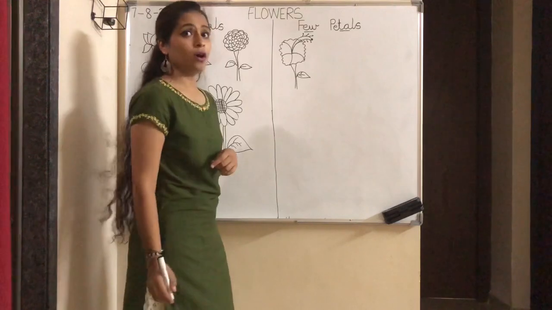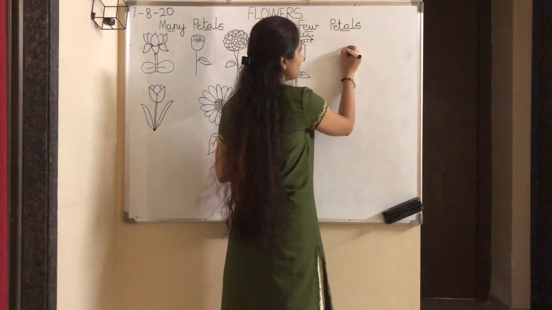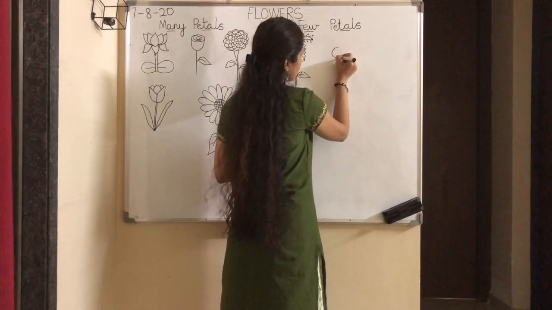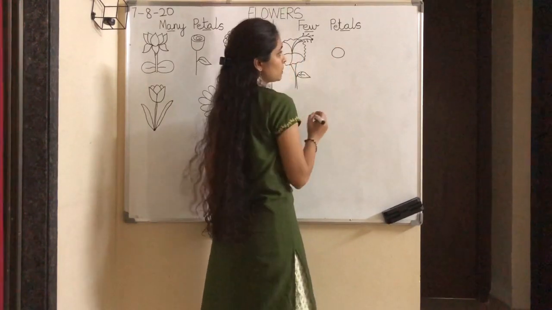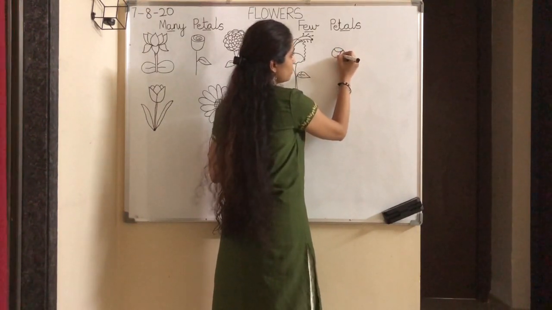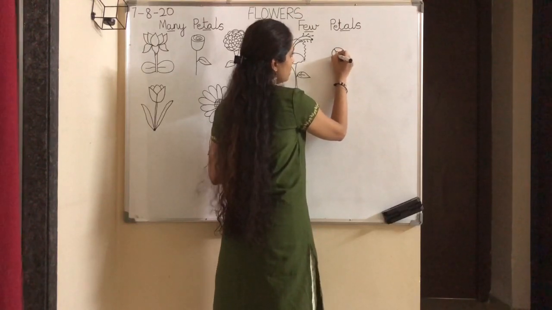Now let's draw mogra. Mogra means jasmine. Come on, draw a circle like this. Then inside you write U, 4 times U, U and U like this.